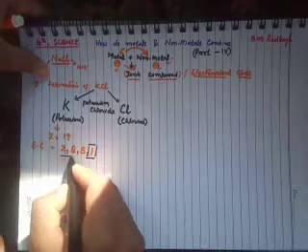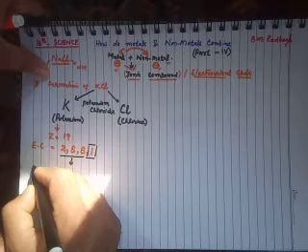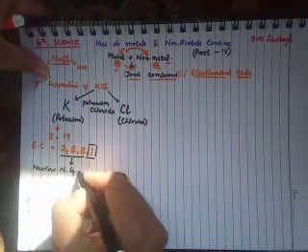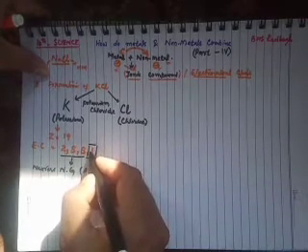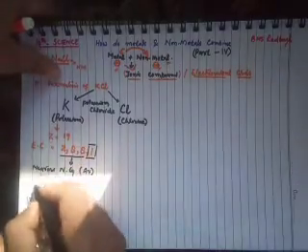So for potassium to attain the nearest noble gas configuration of argon, it has to lose this electron. So what happens if potassium loses electrons?